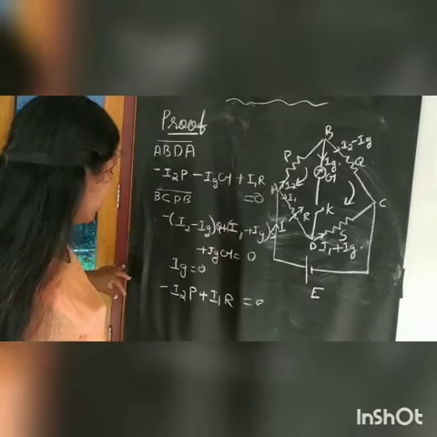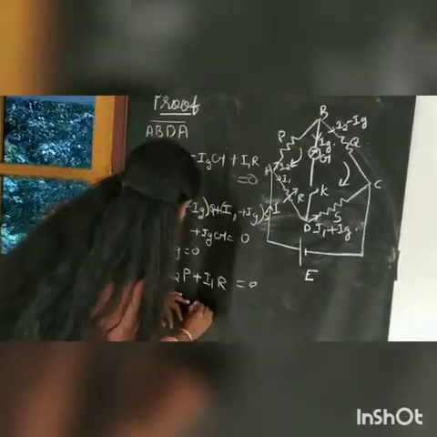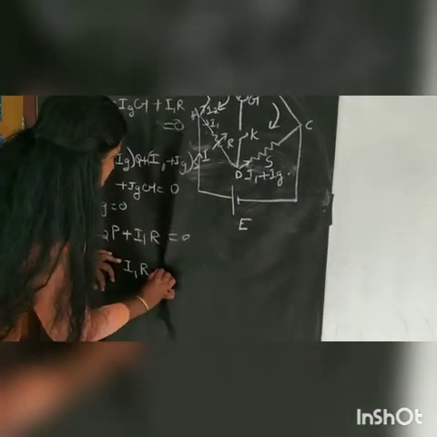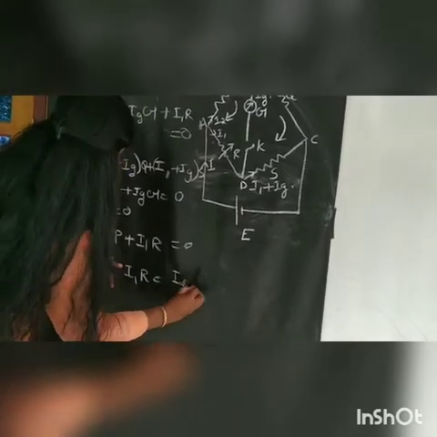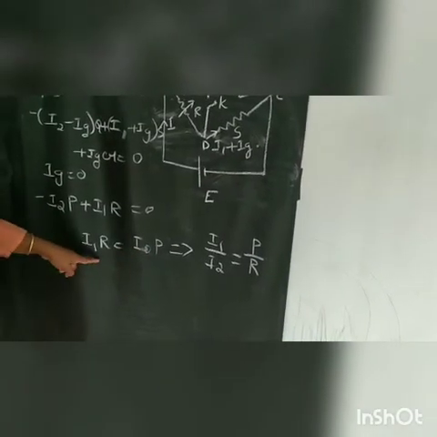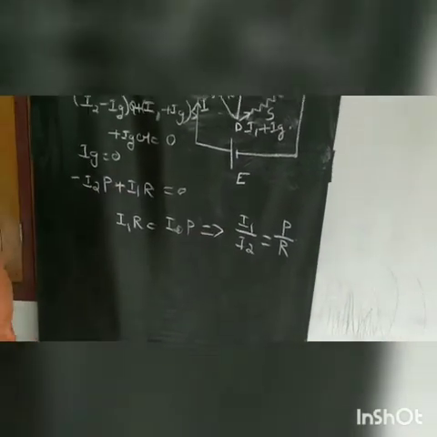From this we can take I1 R equal to I2 P, so I1 by I2 is equal to P by R.